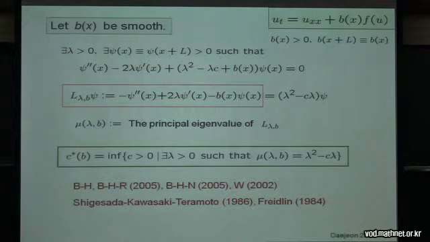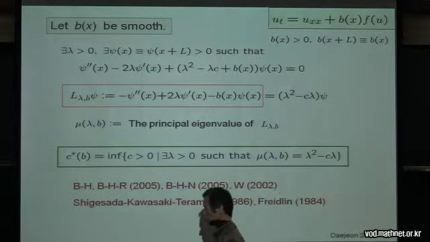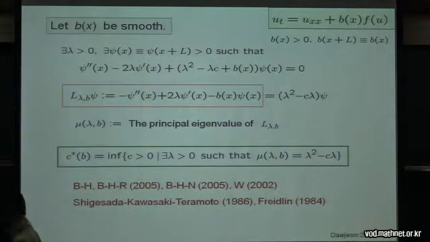Then there is a work by Shigesada, Kawasaki, Teramoto. They are Japanese mathematical ecologists. They made a very, very interesting observation from the point of view of ecology. So what they did is the following.